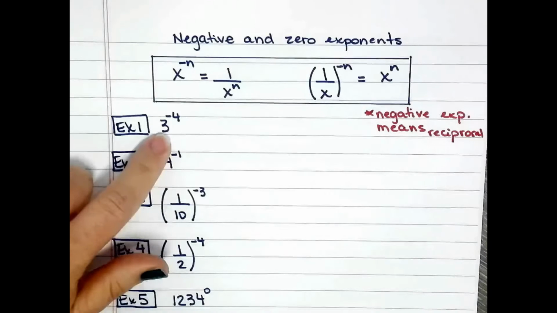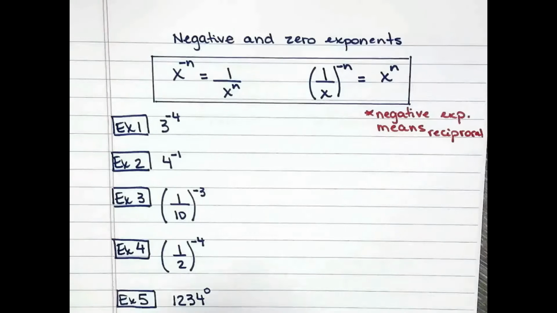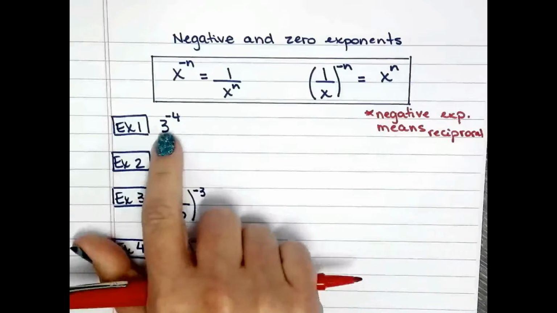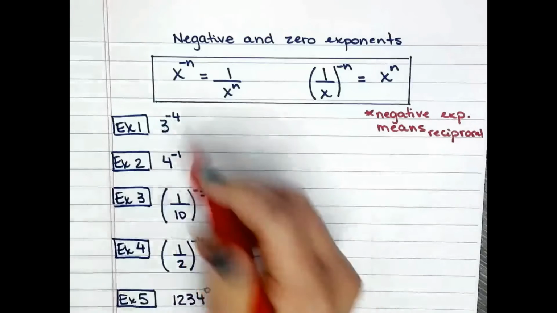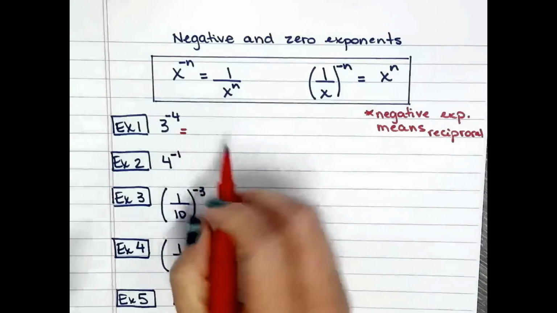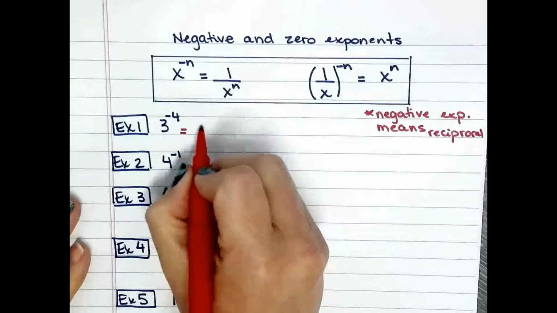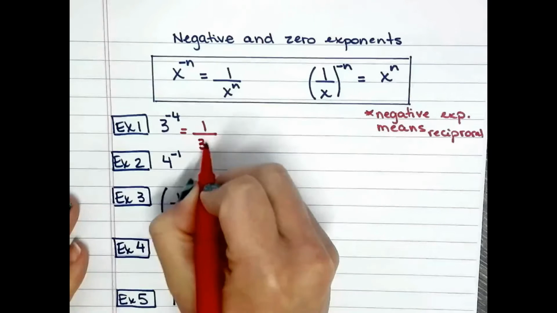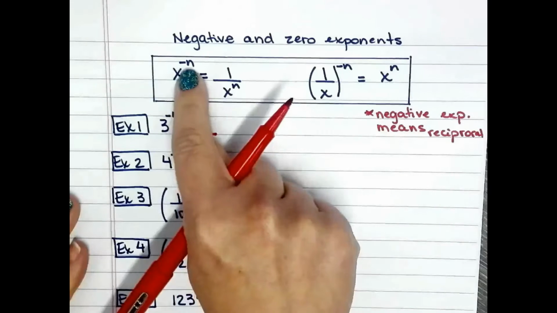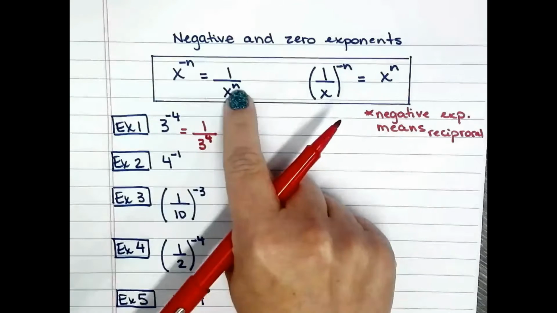All right, so here we have a couple of examples. We have 3 to the negative 4th power. What does that mean? Well, I know negative exponent means reciprocal, so I'm going to deal with that. So 1 over 3 to the 4th power, because it loses the negative.